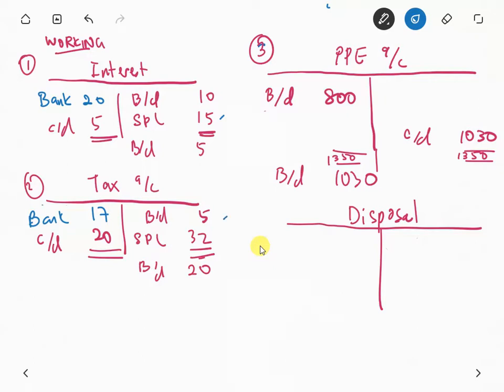I owe government 5. When I make money, I have to pay government 32. So I owe government 37. However, I owe only 20 because I already paid 17. So tax paid is 17.